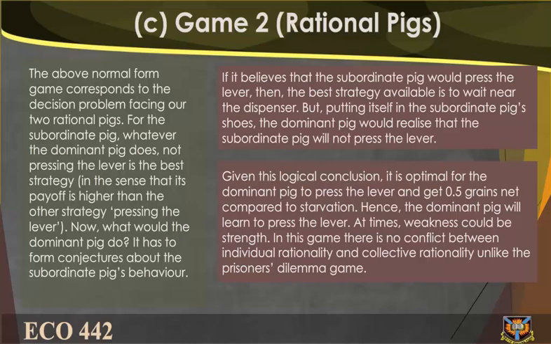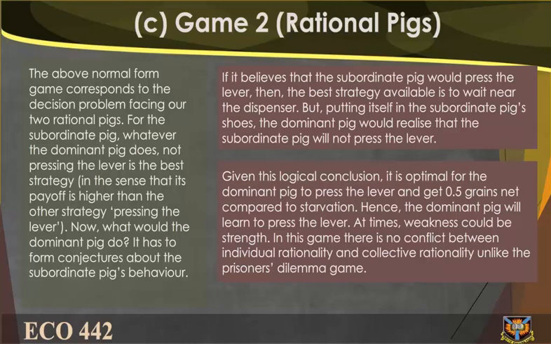Now, what would the dominant pig do? It has to form conjectures about the subordinate pig's behavior. If it believes that the subordinate pig would press the lever, then the best strategy available is to wait near the dispenser. But, putting itself in the subordinate pig's shoes, the dominant pig would realize that the subordinate pig will not press the lever.